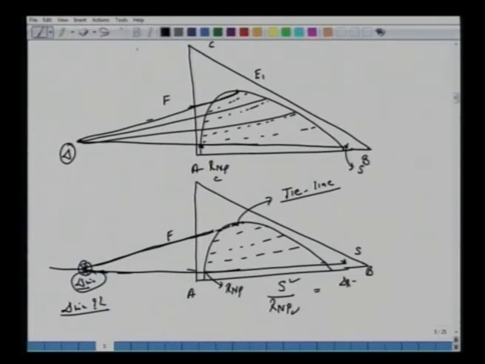Yes, the bigger segment from here to here. All right. So from here, once we locate this point, we can calculate S minimum. Then we can choose S as 1.2 times or 1.5 times S minimum.